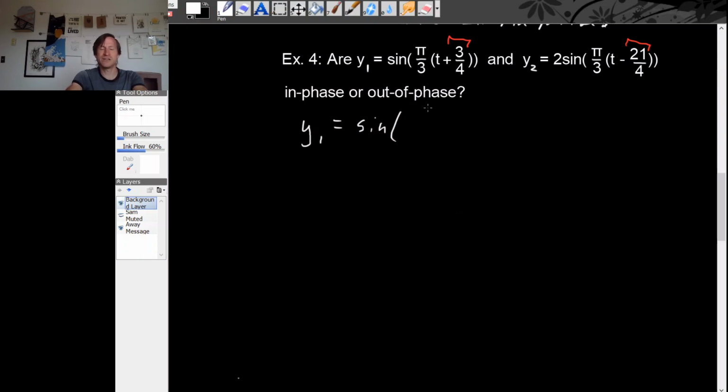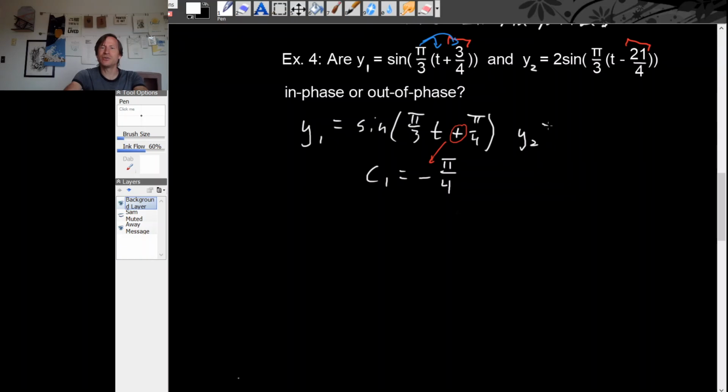So we need to find the phase angle for this, and to find a phase angle, we can just distribute this angular speed. We get sine of pi over 3 t plus pi over 4. Okay, so this first phase angle, we could call it C1, is negative pi over 4. Remember, a positive in the middle here corresponds to a negative phase angle.